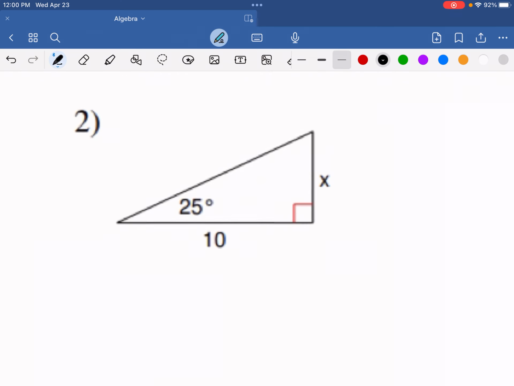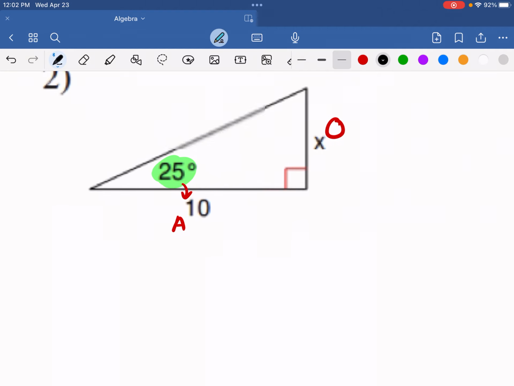For number 2, again, we're going to start in the degree, 25 degrees. Label the triangle HOA. So the longest side is H, the top. A means next to 25, so that'd be 10. And then X is O. Okay, on this side, we're going to cross out the blank one. So that'd be H. And we're using, again, tan. So this is tan because it has an O and an A, 25 degrees.